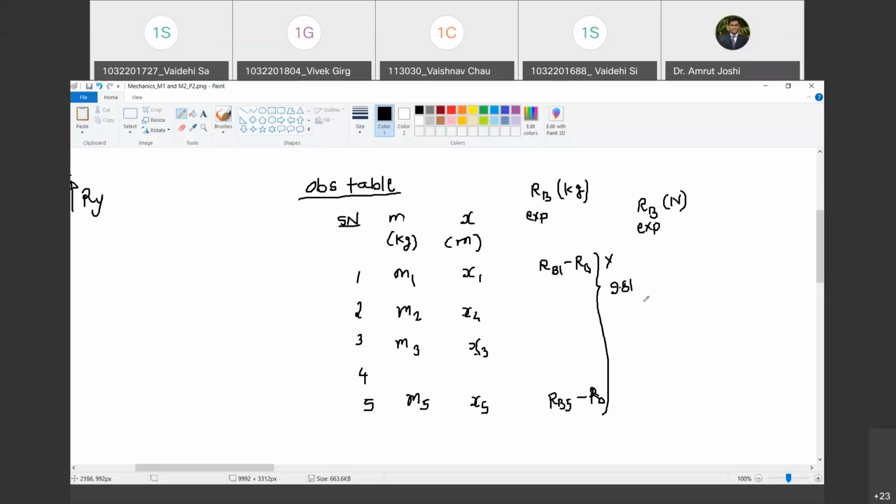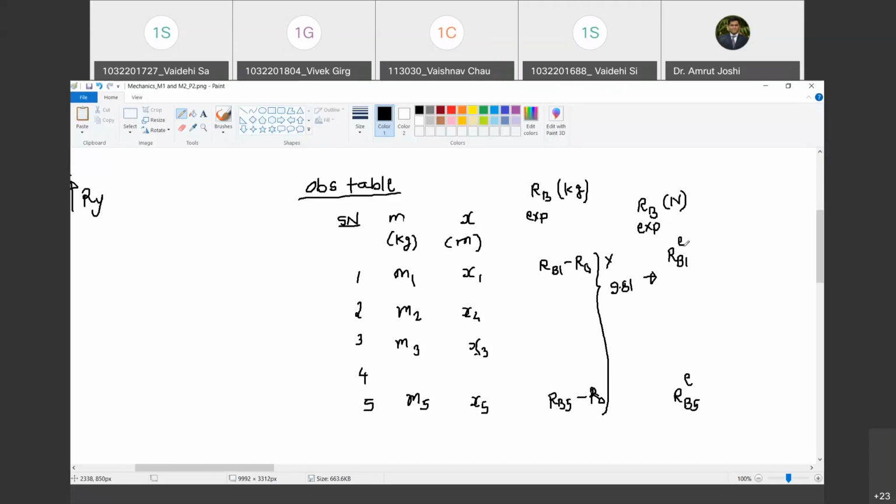So kg into 9.81, I will get the experimental values of RB in Newton. Happy? Yes, sir. So I will call this RB1 experimental to RB5 experimental. Happy? Yes, sir. So now I have 5 sets of readings. M1, x1 corresponds to the experimentally measured value of RB as this, RB1 E. Happy?